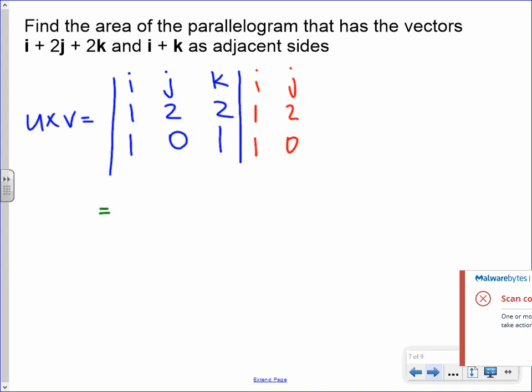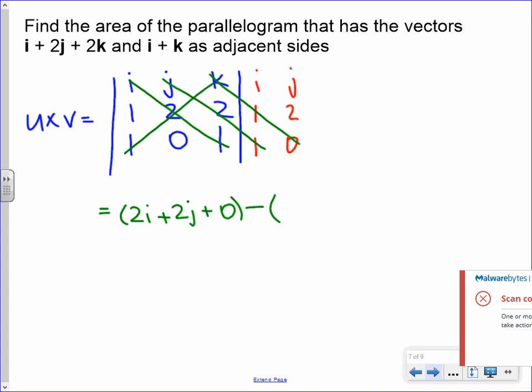So down diagonals, i times 2 times 1 plus j times 2 times 1 plus k times 1 times 0. And then we'll subtract the up diagonals.